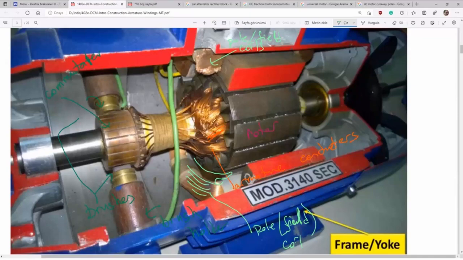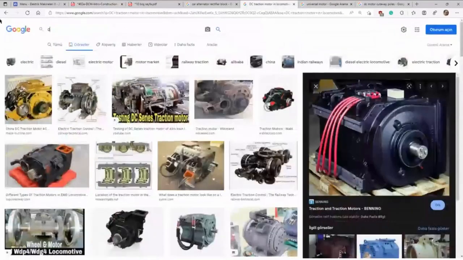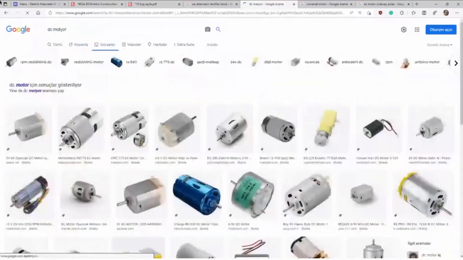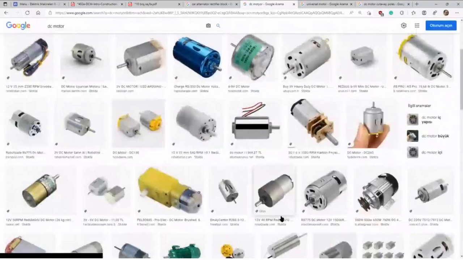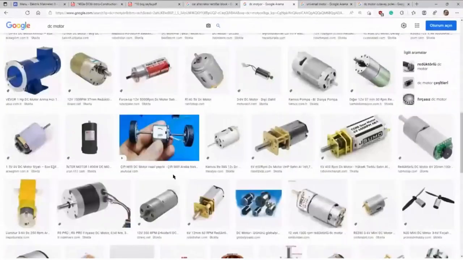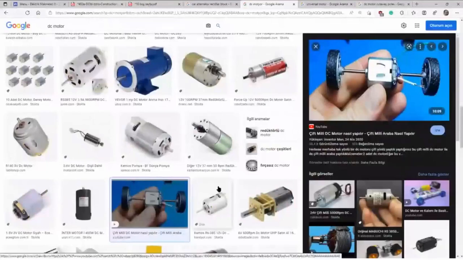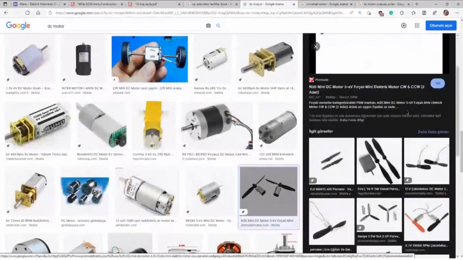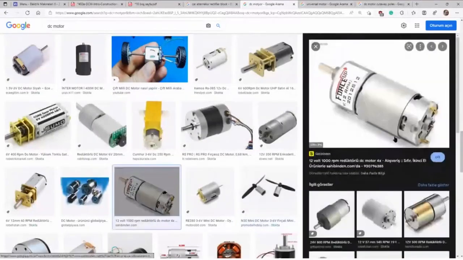In toy machines, for example, let's say a DC motor. If you say DC motor, you see lots of toy motors. Those are for toys, you know, in everyday use. Here are some propellers for drones. Here are some high torque motors.